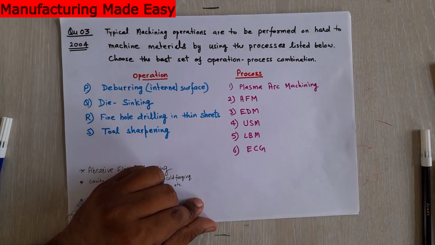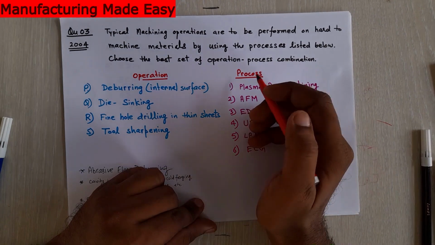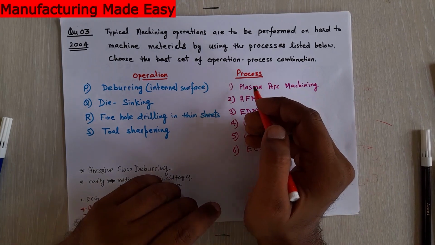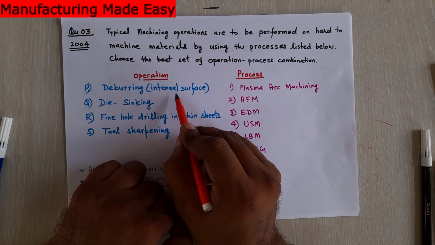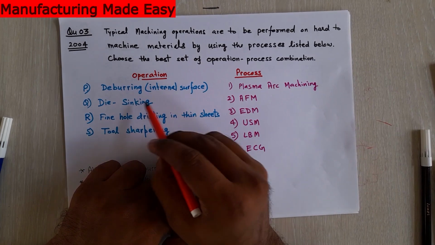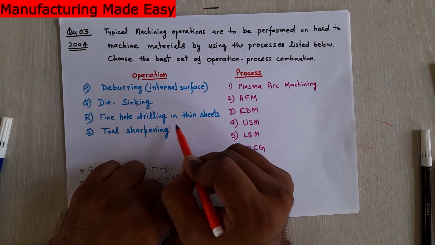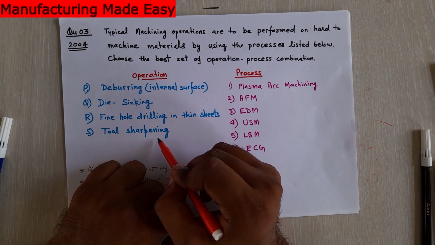That is, some materials which are hard to machine and some processes are given here. We have to choose the proper combination between these. Operations are deburring, that is internal surface, die sinking, fine hole drilling in thin sheets, and tool sharpening.